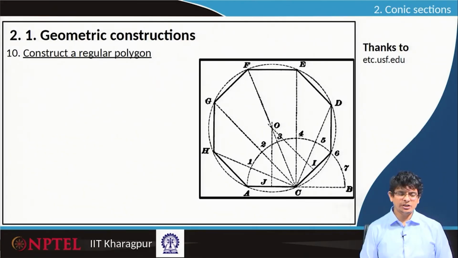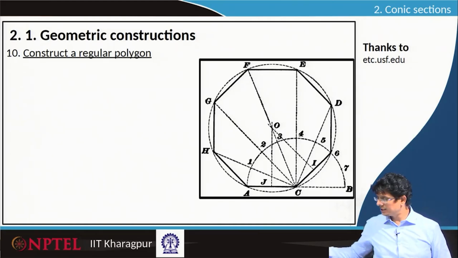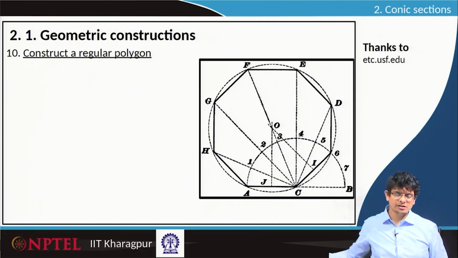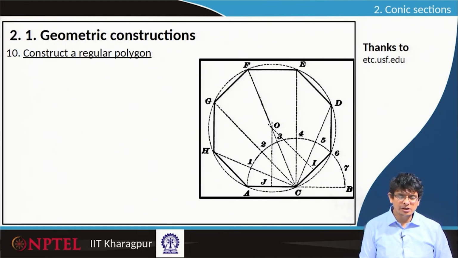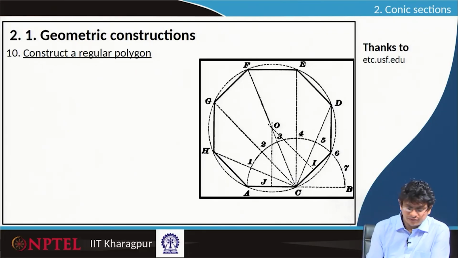Let us construct a regular polygon. For example, we would like to make octagonal polygon constructed from AC given side. So, AC side is given for us and the same AC length we would like to have it on other sides.